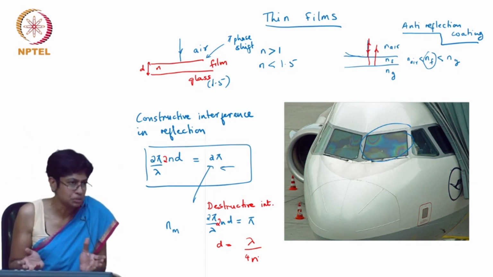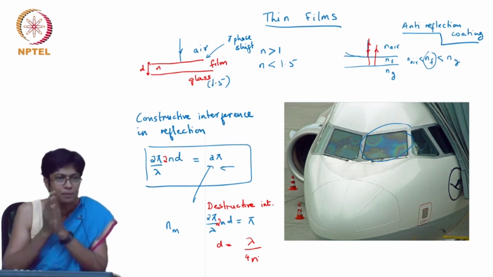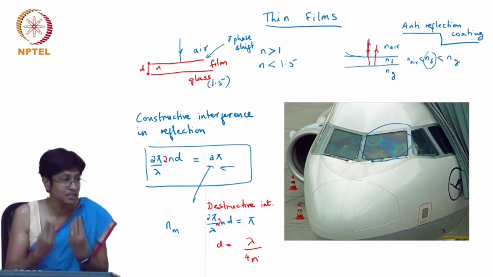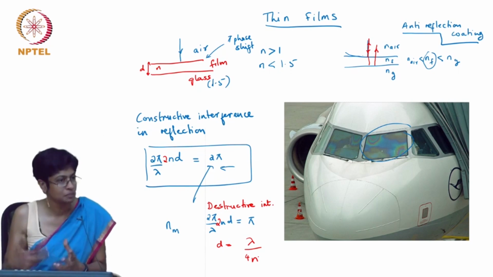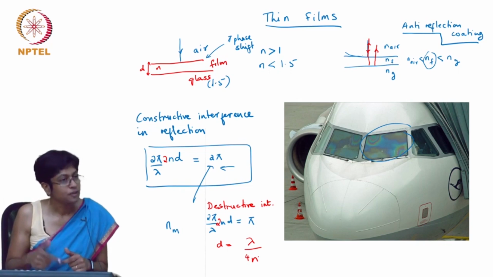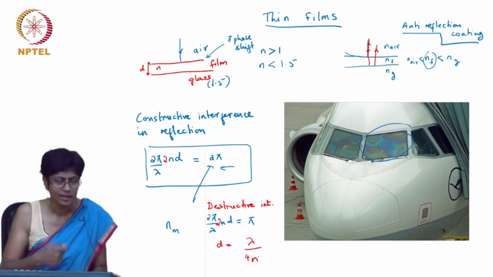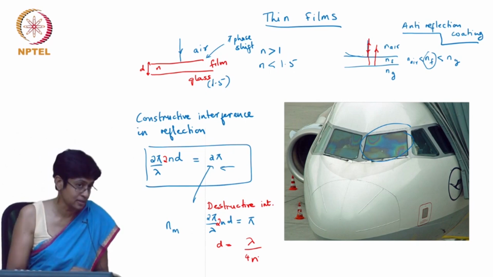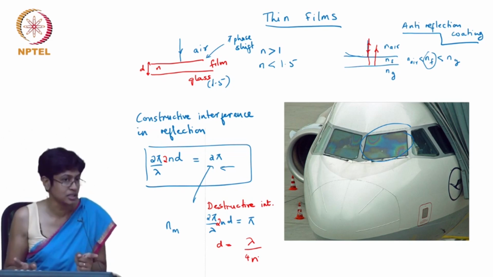Depends on the magnitude. This lambda by 4 only ensures you are not doing beam 1 plus beam 2, it is beam 1 minus beam 2. To get anti-reflection, to get no reflection, the result of that subtraction must be 0. How do you ensure that it is 0? The value of that refractive index can't be arbitrary. So, I can't say here is a material, here is its refractive index, now you go choose the right thickness. You can choose the right thickness to ensure there is subtraction.